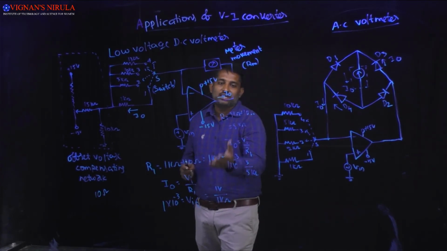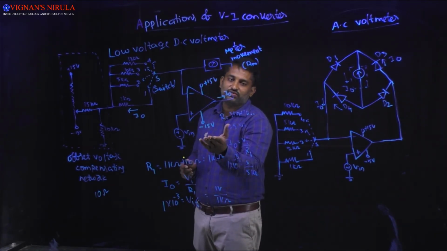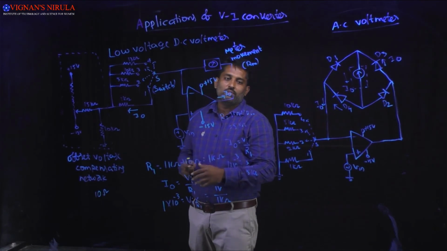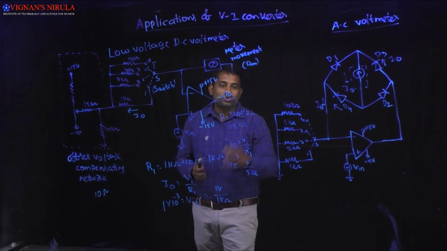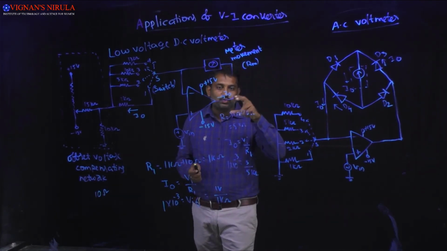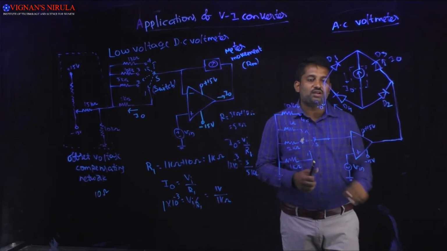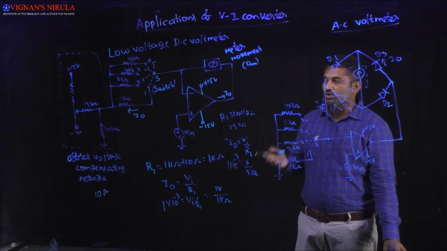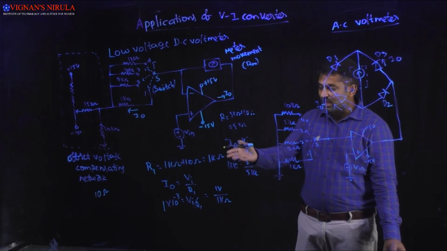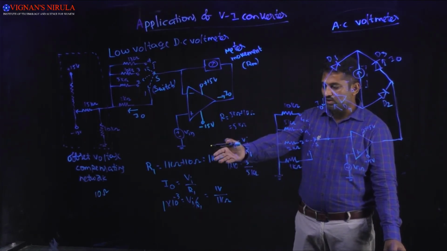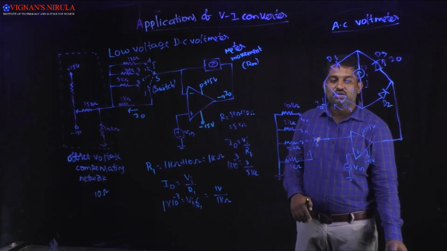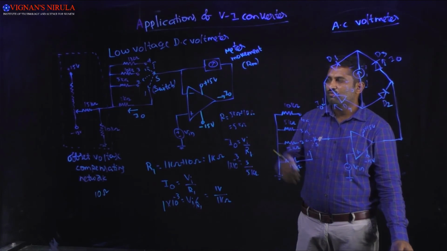Why? Because here the supply voltage range is plus 15 volts to minus 15 volts only. So while choosing the input voltages, you should not cross plus or minus 13 volts. Then only you will get the accurate input values for the 1 milliampere full scale deflection. That's it for the low voltage DC voltmeter.